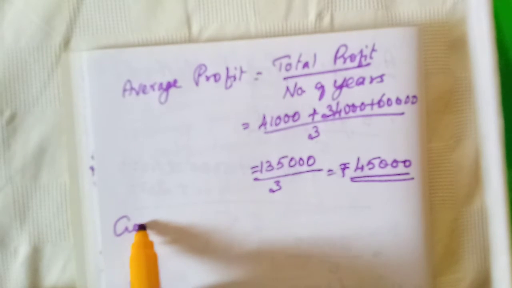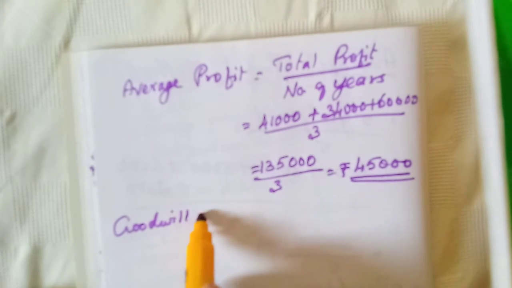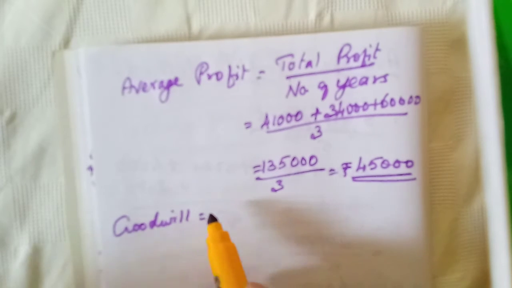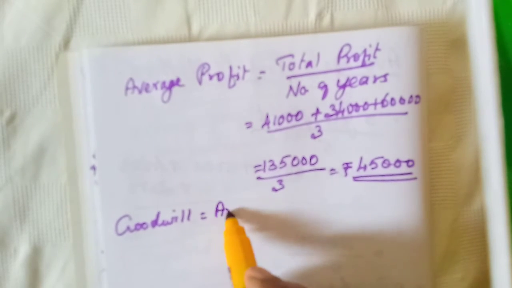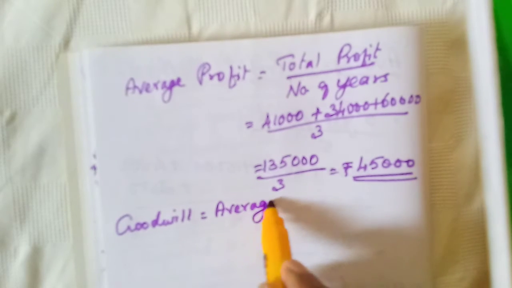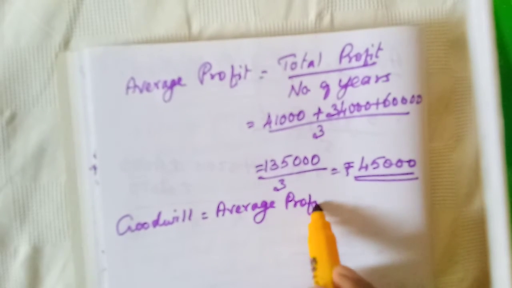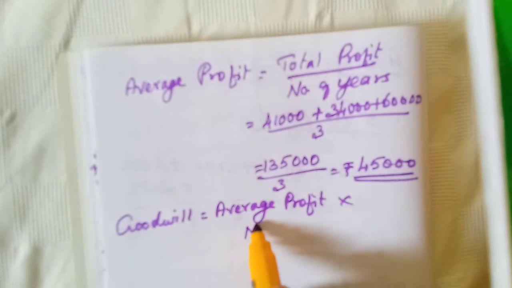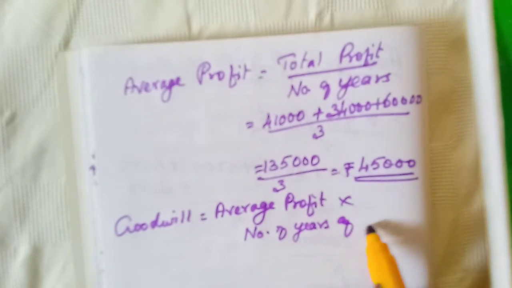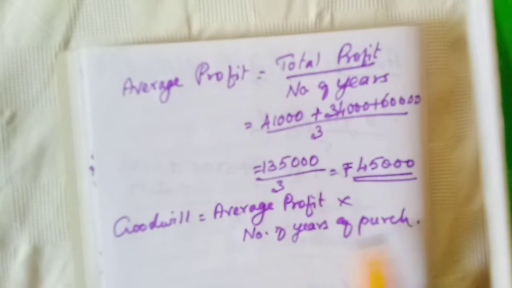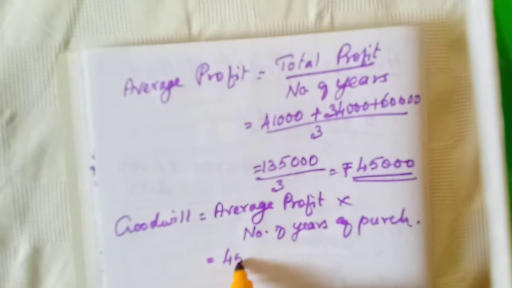Now goodwill. We should write the formula: average profit into number of years of purchase. Average profit 45,000.